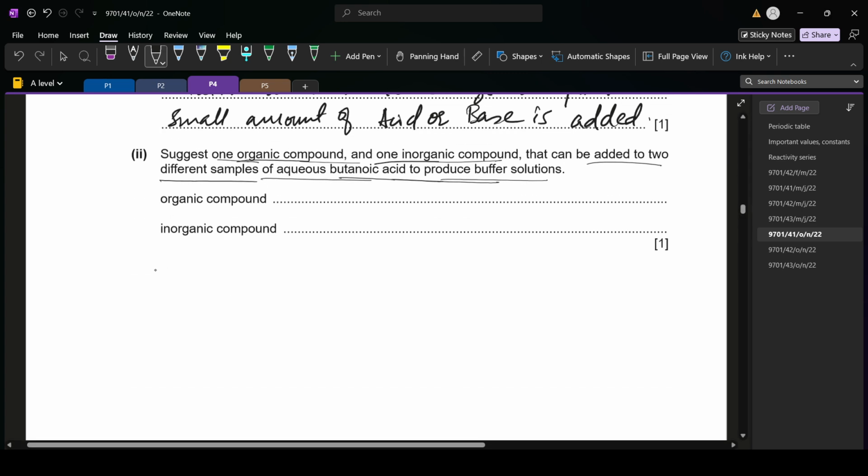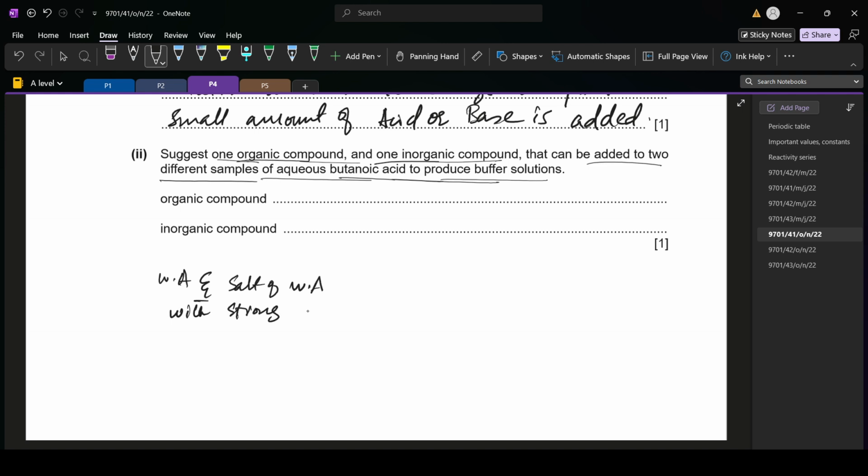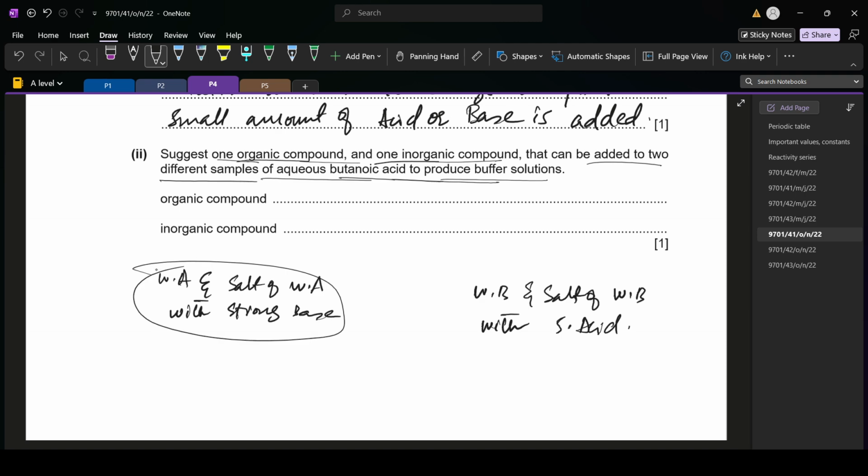Buffer solutions are of two types: the weak acid and salt of weak acid with strong base, and the other is weak base and salt of weak base with strong acid.